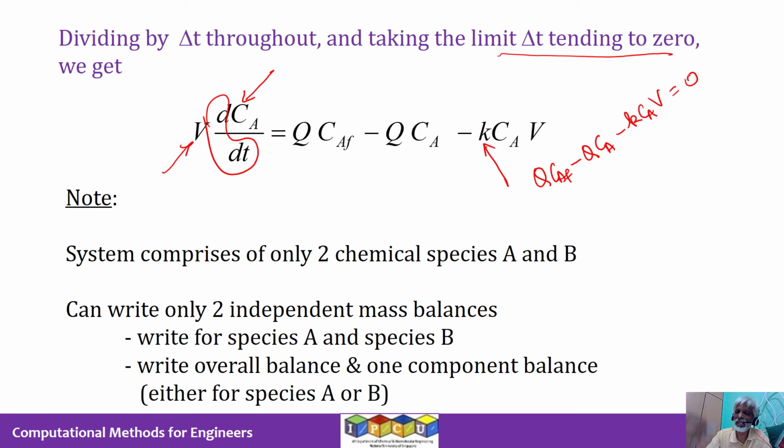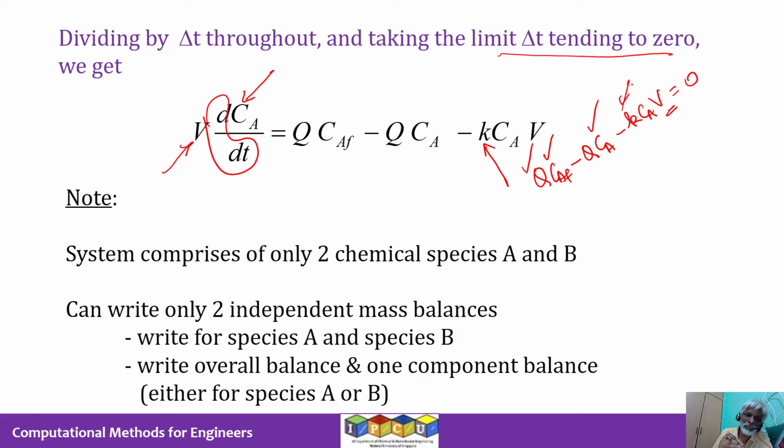Then you can find the value of V given the feed concentration, the volumetric flow rate, and the expected value of the outlet concentration, or the percentage conversion you want, how much percent of A in the feed you want to convert. Given the reaction rate constant, you should be able to find V. You can do the same analysis for other order reactions. This is a first order reaction, but you can do it for second order reaction or more complex kinetics.